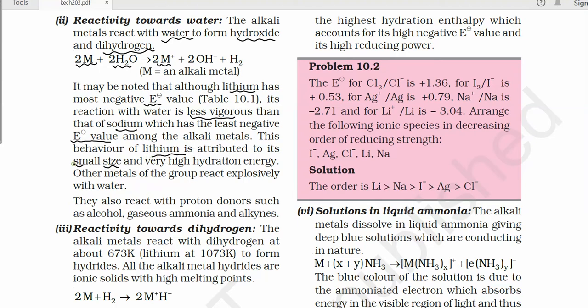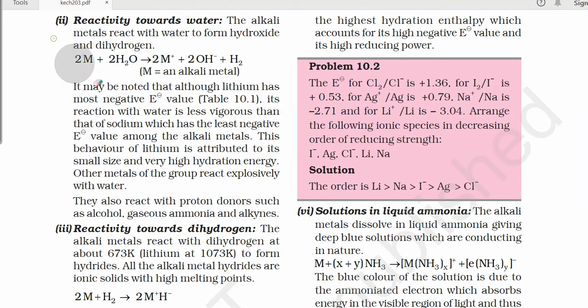Due to the very small size of lithium, it has a very high hydration energy, and the other metals of that group react very explosively with water, while lithium does not show that nature. They also react with proton donors such as alcohols, gaseous ammonia, and alkynes.